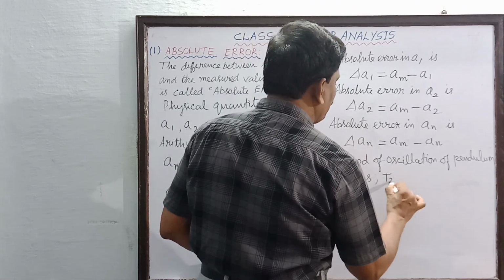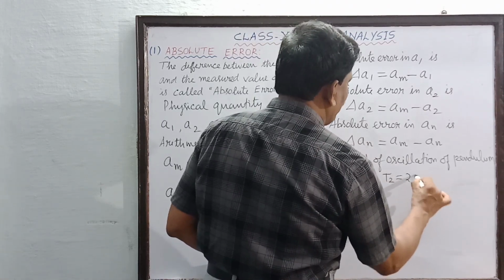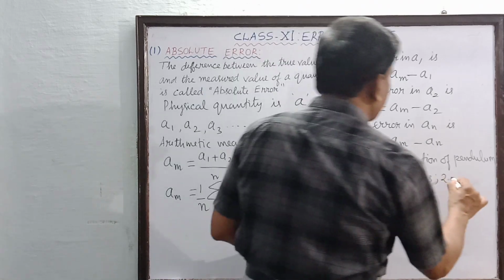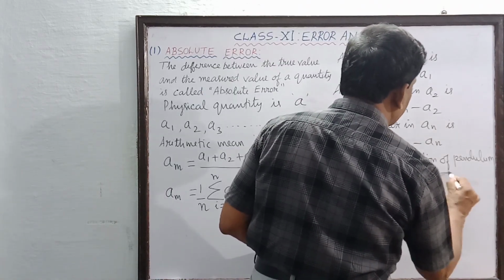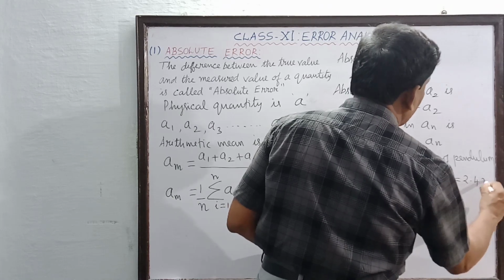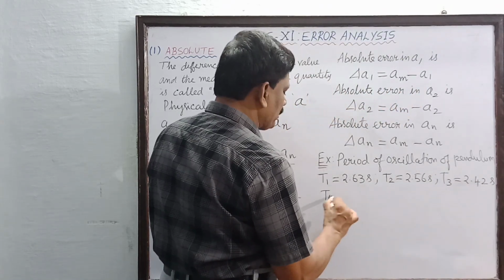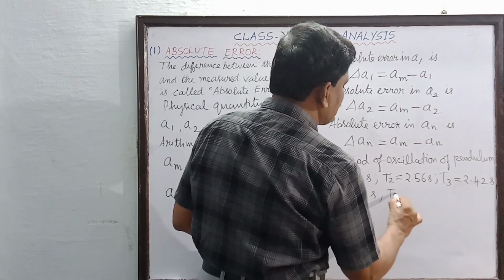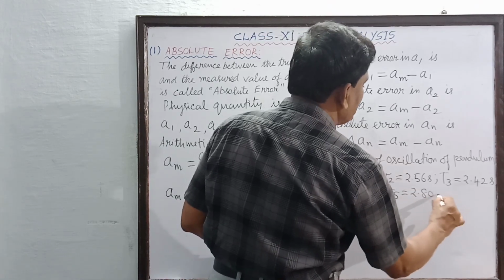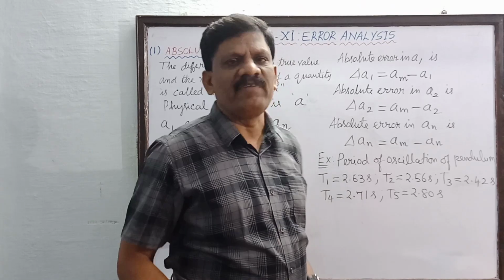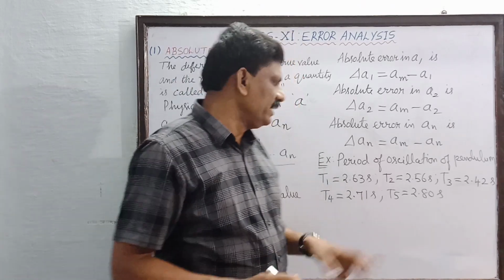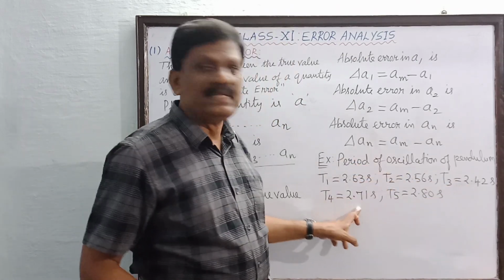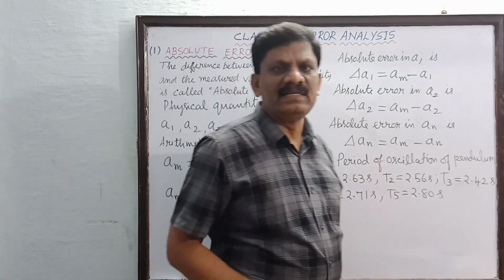Similarly, second time t2 is equal to 2.56 seconds, and third time t3 is equal to 2.42 seconds, and fourth time 2.71 seconds, and fifth time, let us take randomly, 2.80 seconds. So the five values are 2.63, 2.56, 2.42, 2.71, and 2.80 seconds.